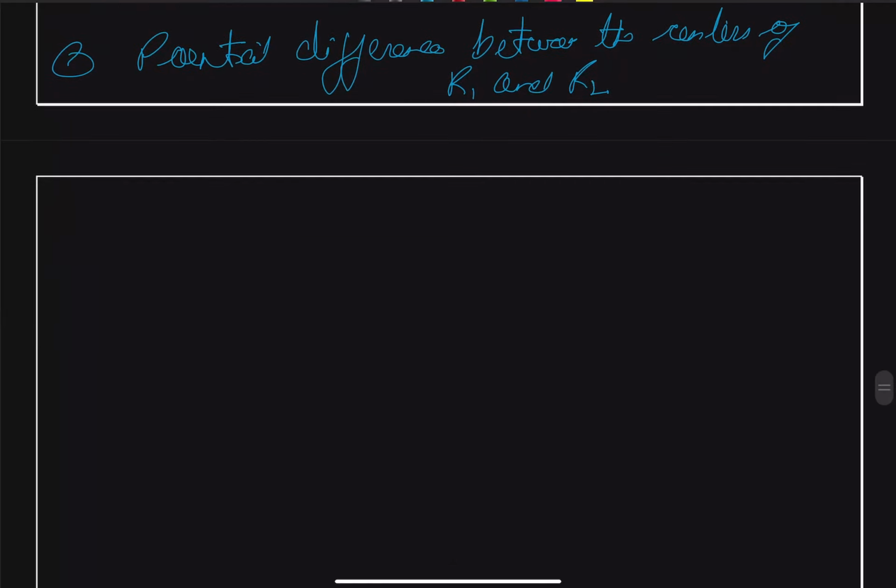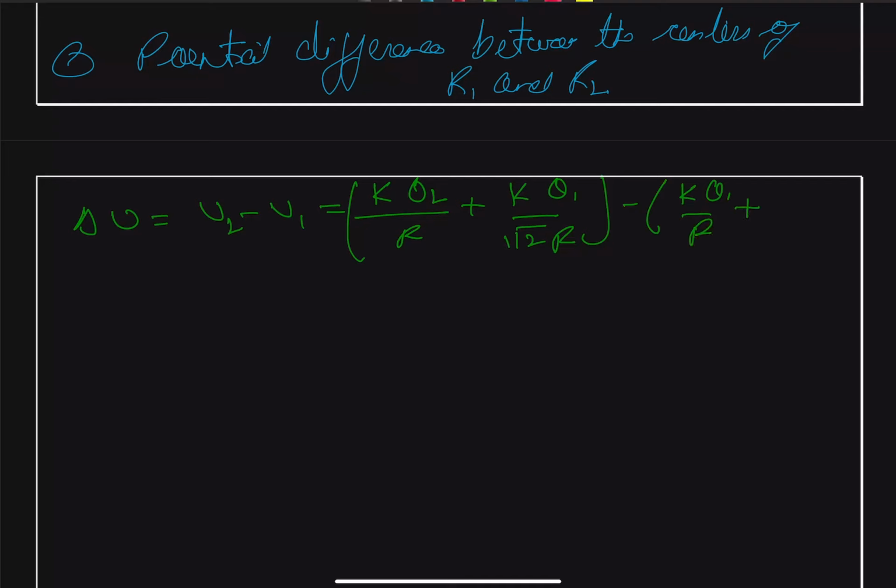Let us call that delta V, which will be equal to V2 minus V1. And we already know, we simply substitute the value. We get this is K Q2 upon R plus K Q1 upon square root of 2R minus K Q1 upon R plus K Q2 upon square root of 2R.